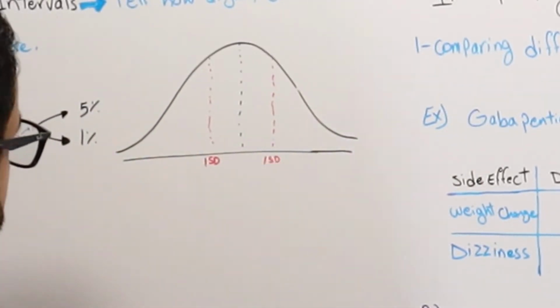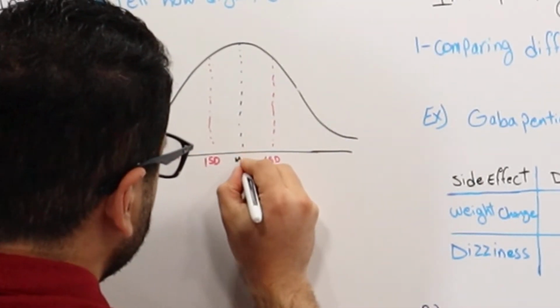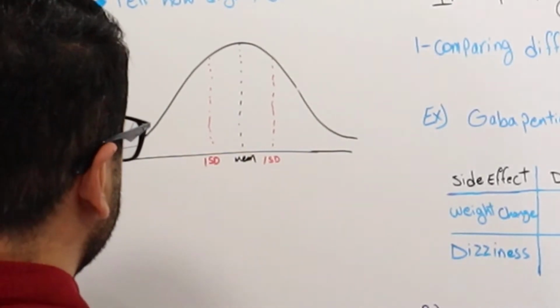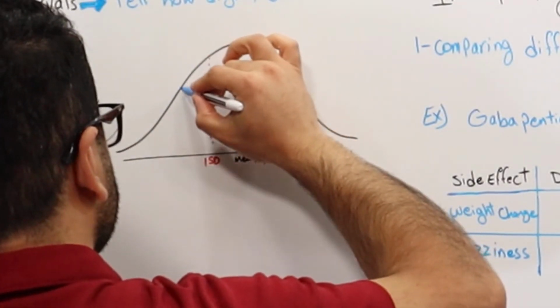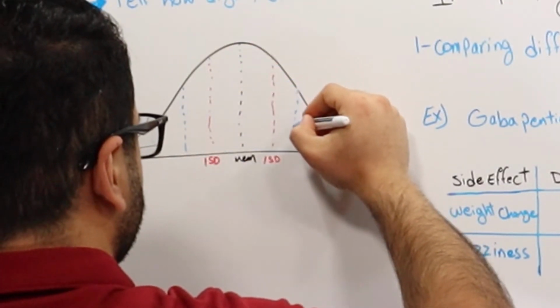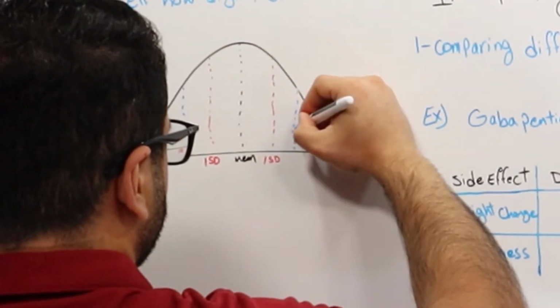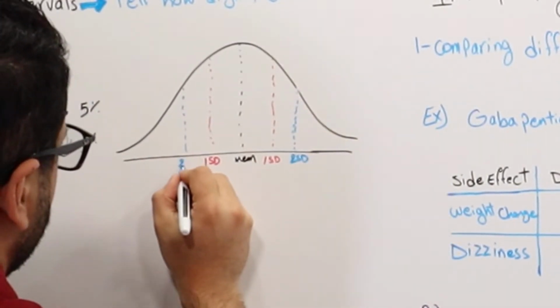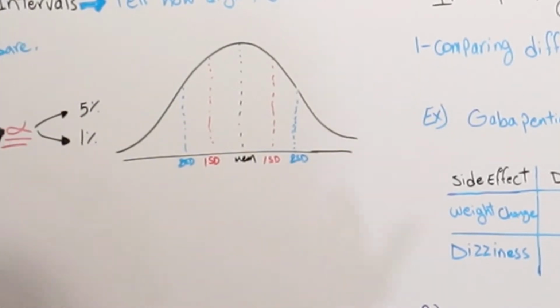And of course, I mentioned that this would be the mean over here. And then over here, it would be 2 standard deviations. This is all from the previous lecture.